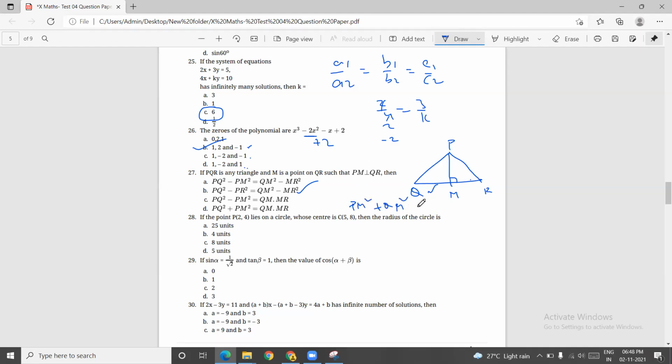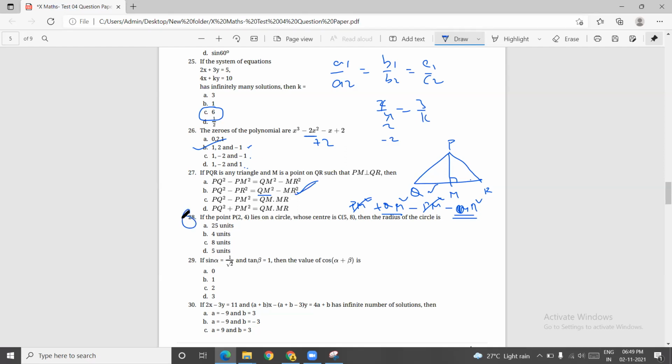PR square can be written as PM square plus MR square. So PM square cancels, and PQ square minus PR square is equal to QM square minus MR square. So this is the second option.